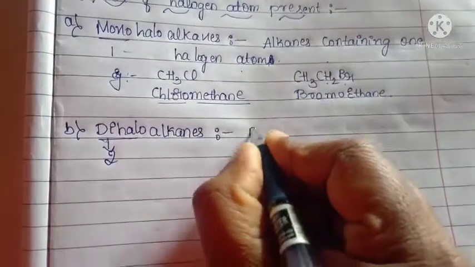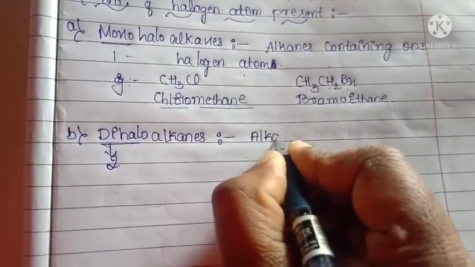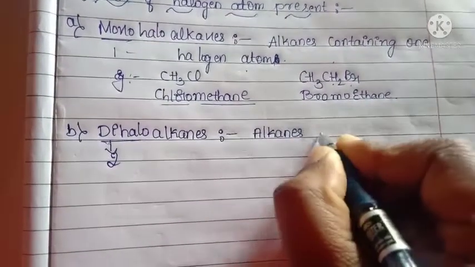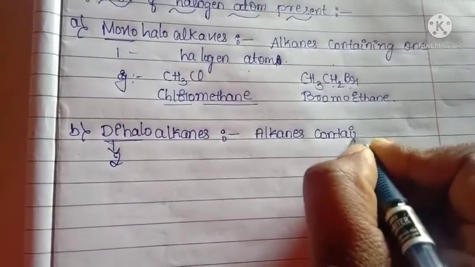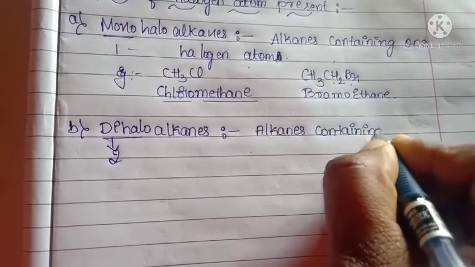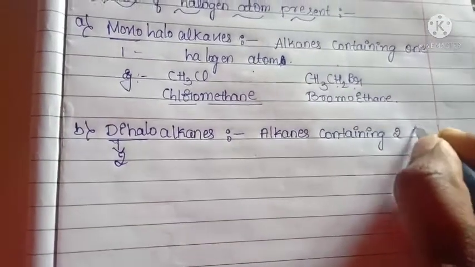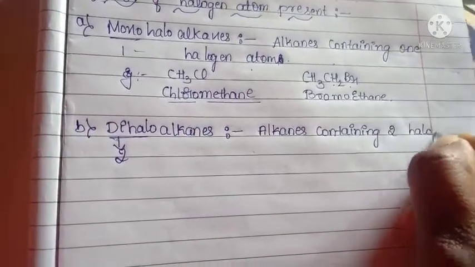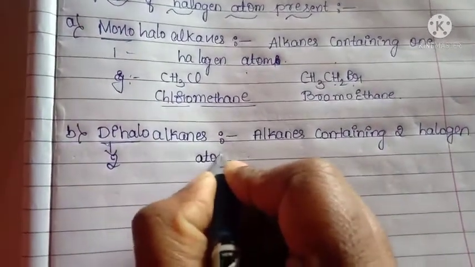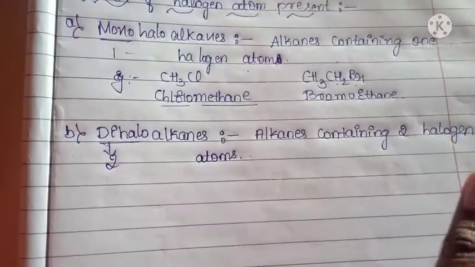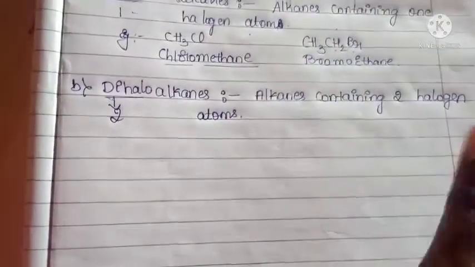So alkanes containing two halogen atoms, that is called dihaloalkanes.